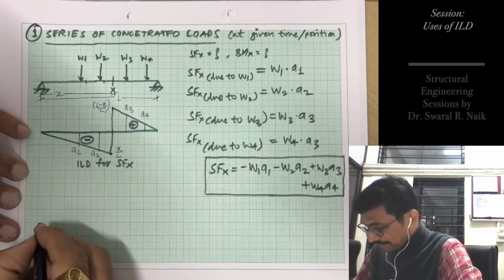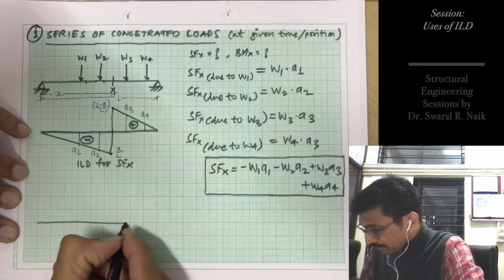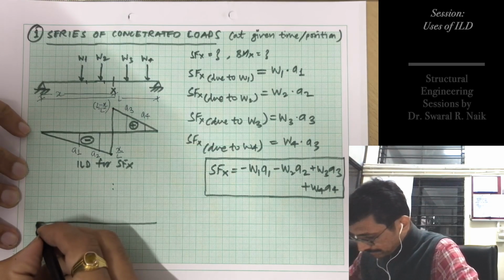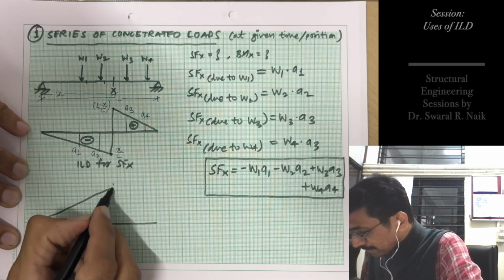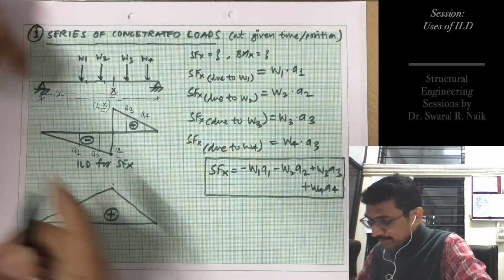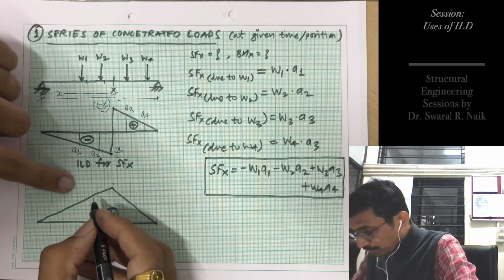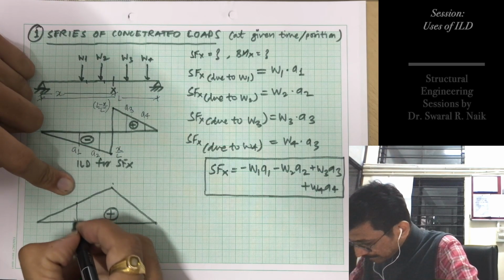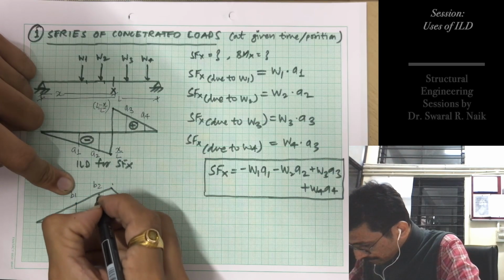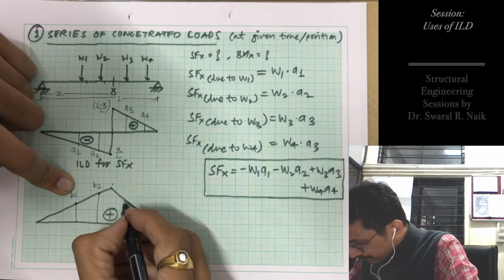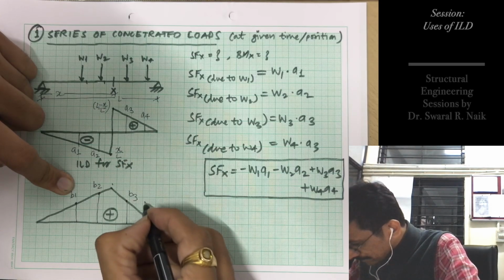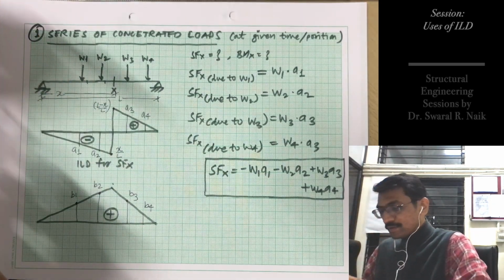Similarly, for ILD for BMX, we know this is our ILD for BM. So the ordinate below the load W1, let it be B1, this one is B2, B3, and last is B4.